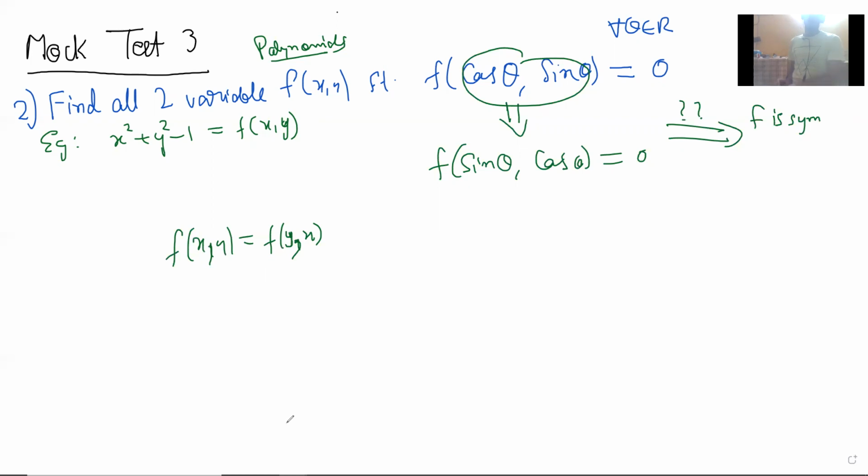In fact, I can give you a non-symmetric polynomial. You can take x times this. You see, it's not symmetric. So one variable polynomials obviously, but two variable polynomials it doesn't work.